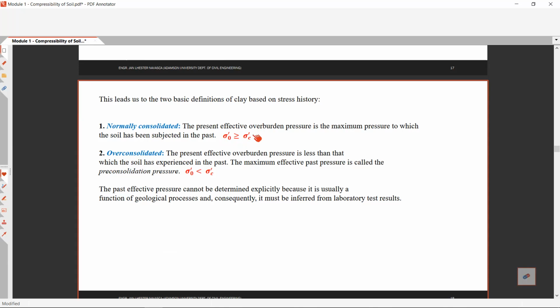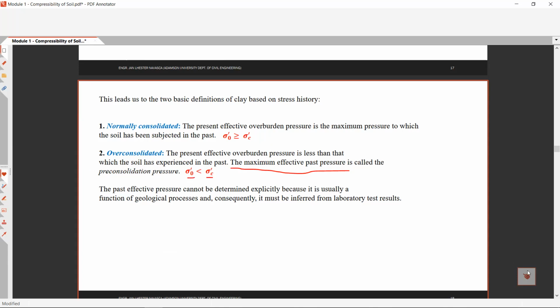However, sa case naman ng over-consolidated soil, ibig sabihin hindi nalampasan ng present effective stress, or present effective overburden pressure, yung past pre-consolidation pressure, yung tinatawag natin na maximum effective past pressure. Hindi nalampasan ng present yung past mo.